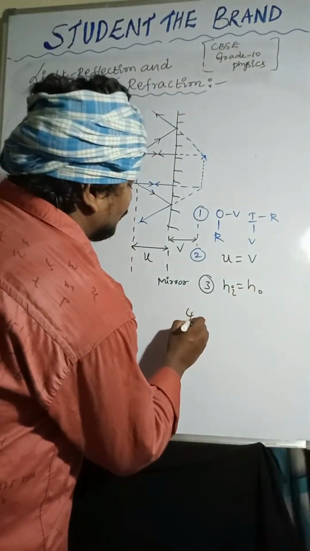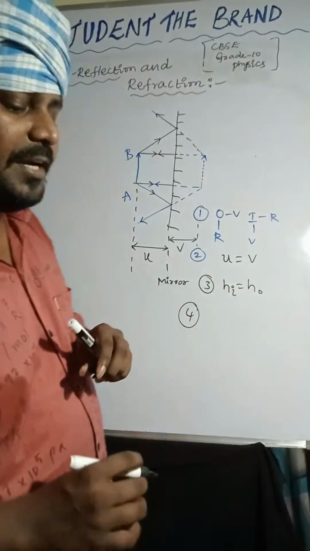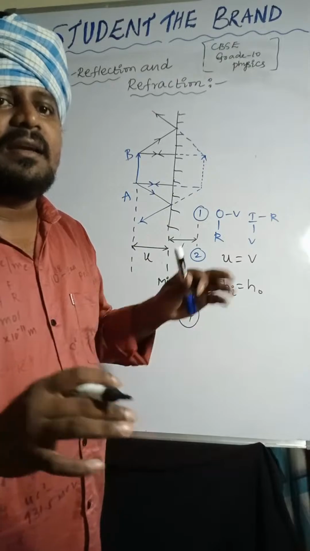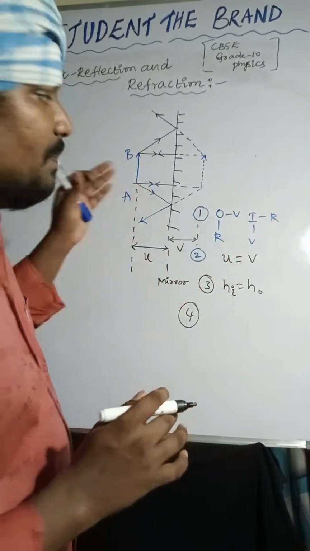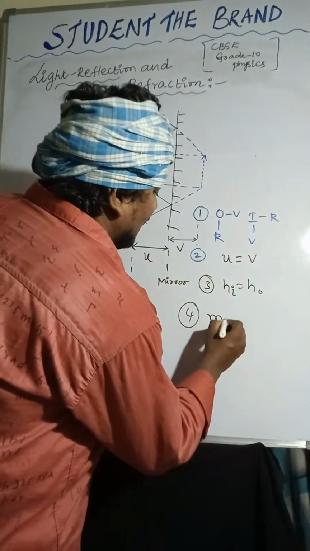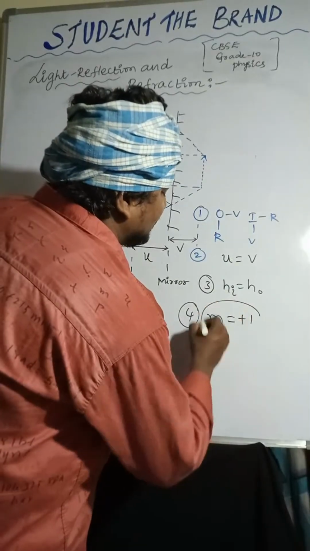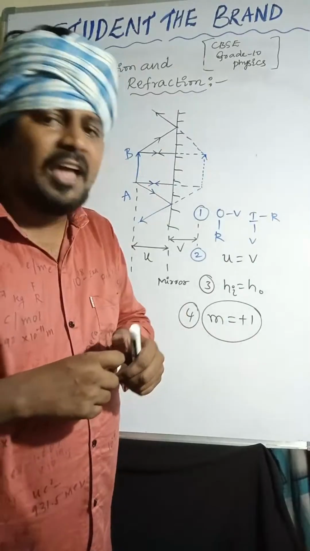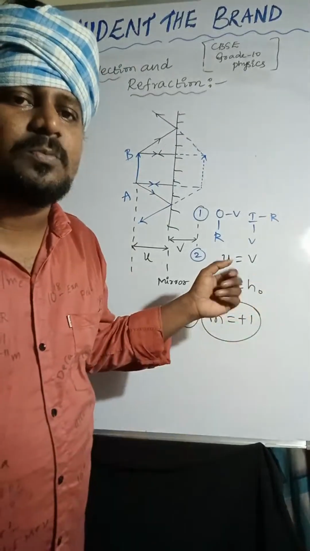And coming to the fourth one, the magnification of the plane mirror is +1. Sir, why are you saying magnification is +1?